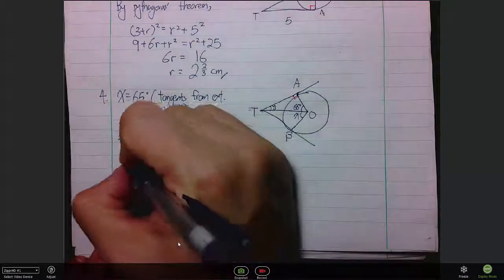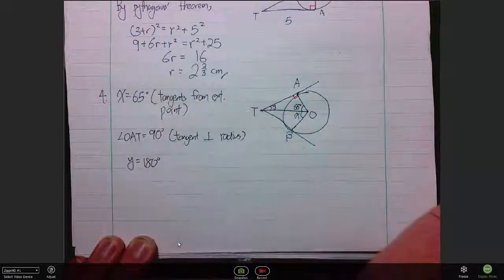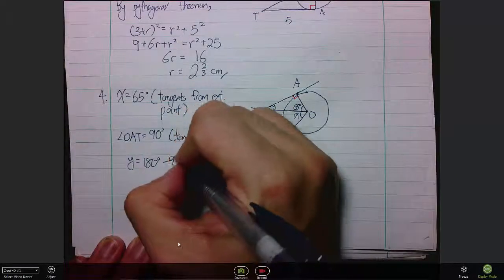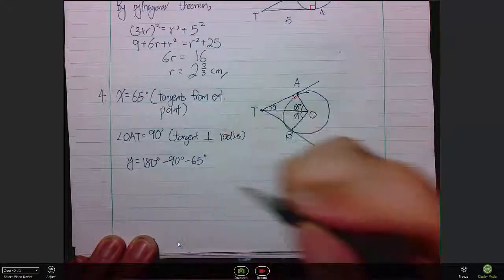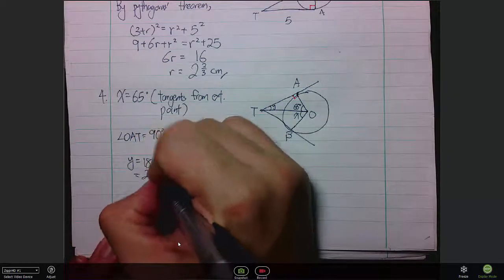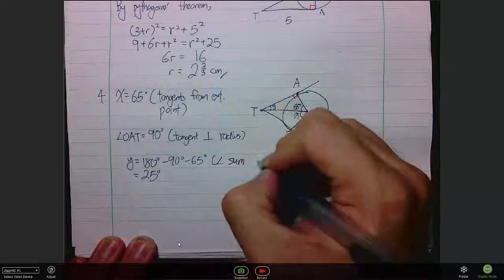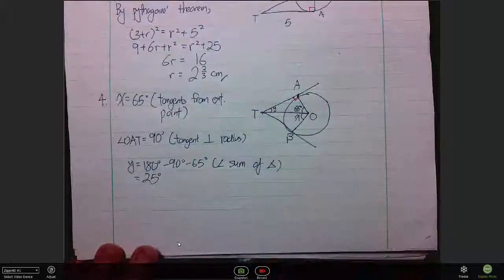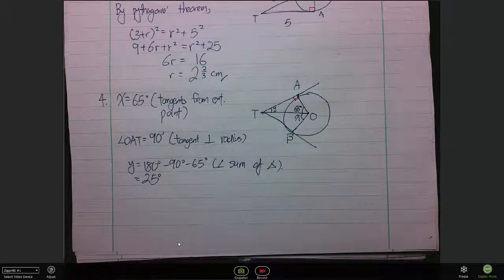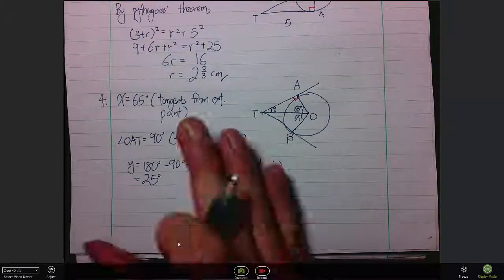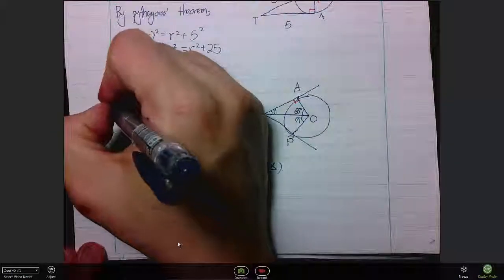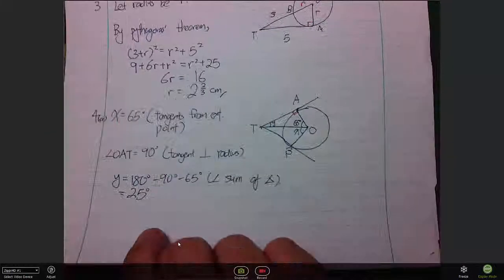Therefore Y is equal to 180 minus 90 minus 65, which is 25 degrees, and the reason being angle sum of triangle. And we are done with angle Y. That was question 4A. Sorry, did not label properly. Now I do for you question 4B.